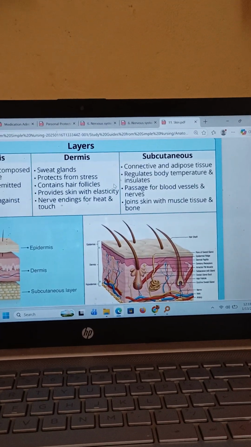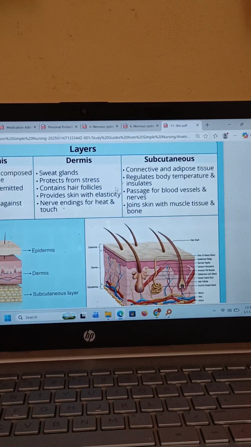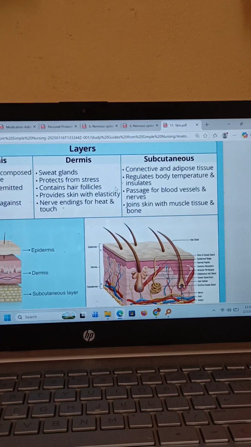Then finally, the subcutaneous layer, which is always made up of connective and adipose tissue. What are its functions? It regulates body temperature and also insulates. Let's take people from higher altitudes. They might have a thick subcutaneous layer so as to regulate body temperature and also provide insulation.